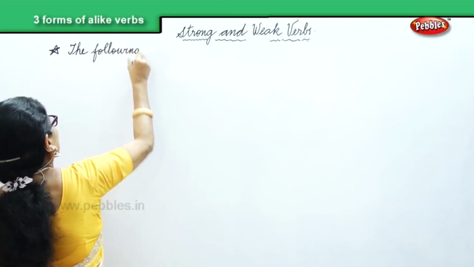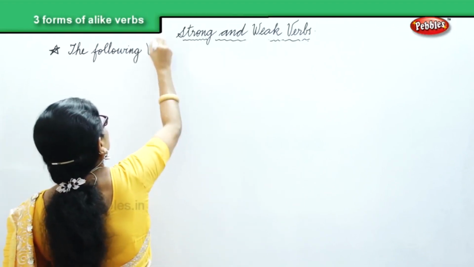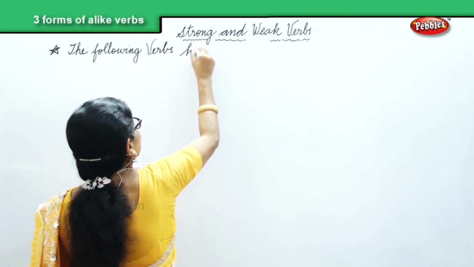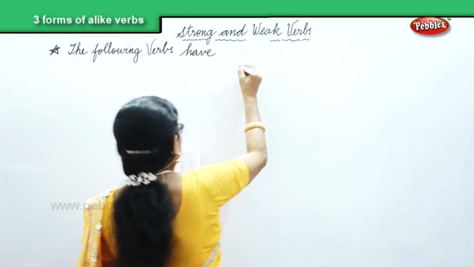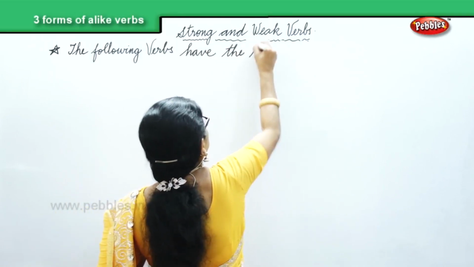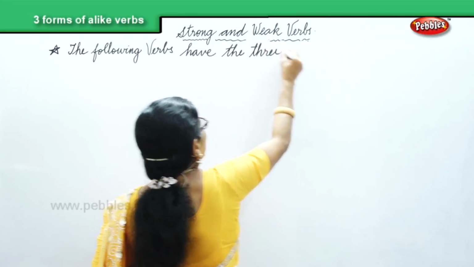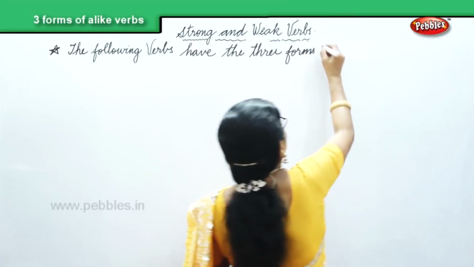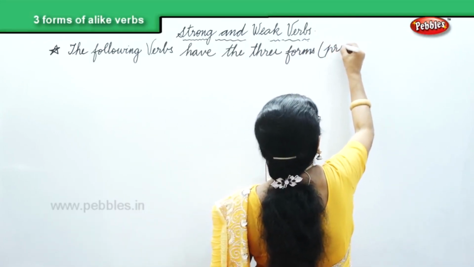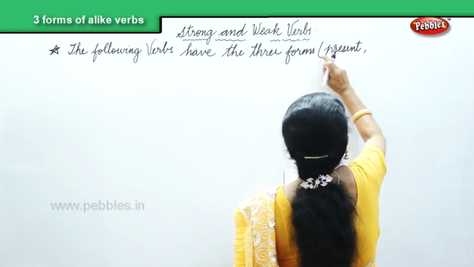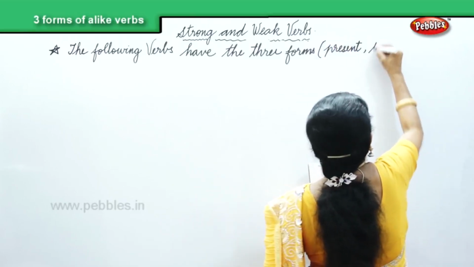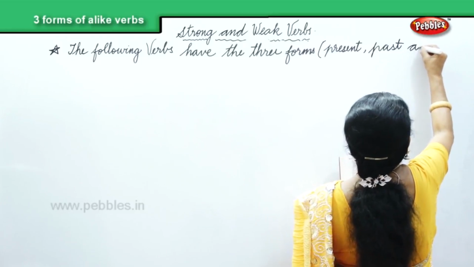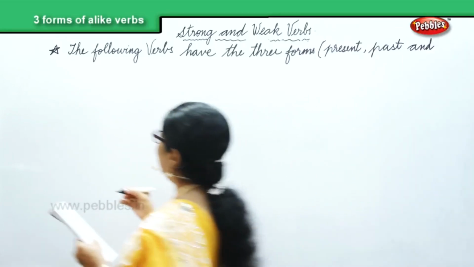The following verbs have the three forms, that is present, past and past participle alike.